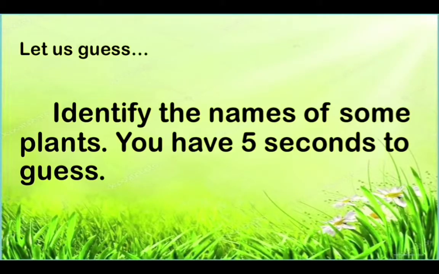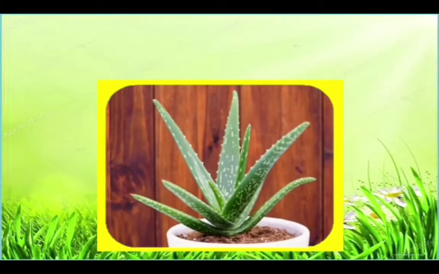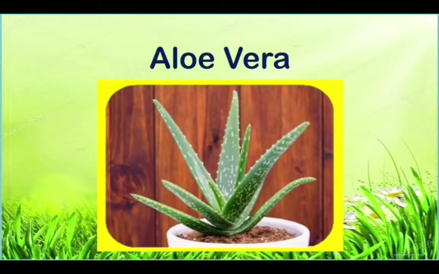Now, let us guess. You have to identify the names of some plants and you have 5 seconds to guess. We have our first picture. The correct answer is aloe vera. You are correct.